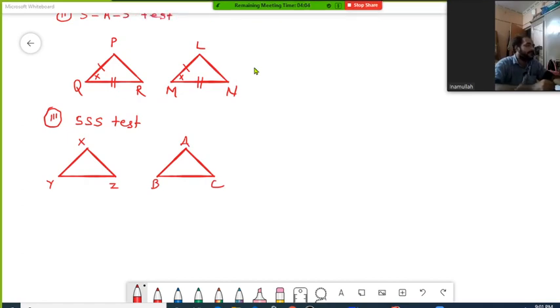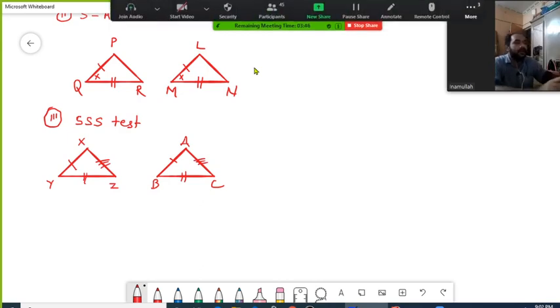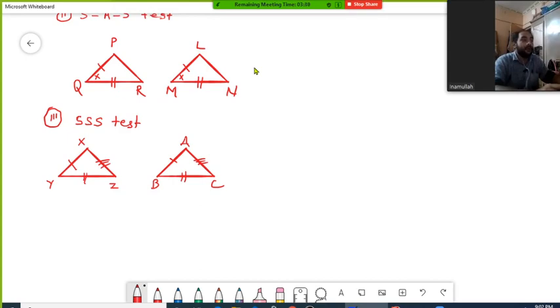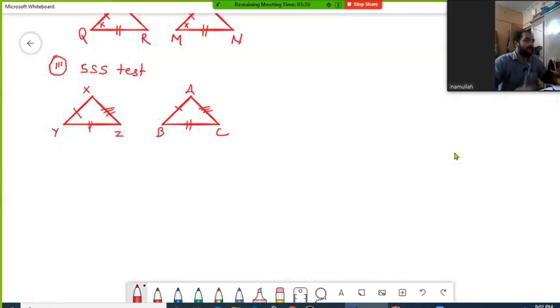In that case, if you know XY is equal with AB, YZ is equal with BC, and XZ is equal with AC, so look, all three corresponding sides are equal. So we can say that these two triangles are congruent by side test. So this is your third test, and we have another test, test number 4.